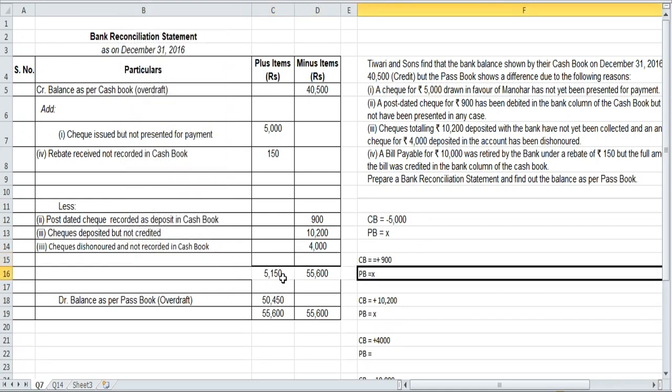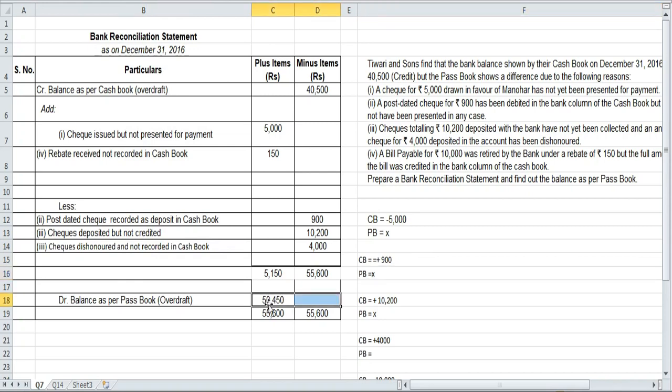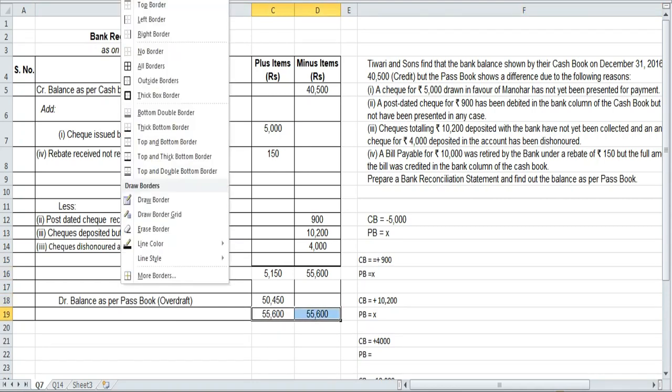Then total is coming here, and then here we have this. Okay, then once again we'll put here thick bottom, and then close with double line.